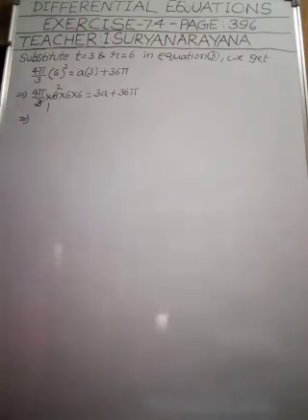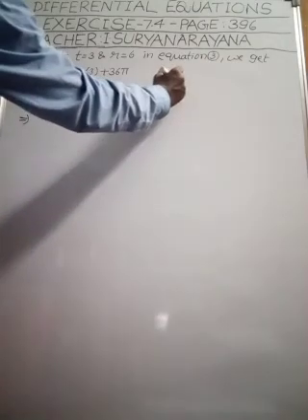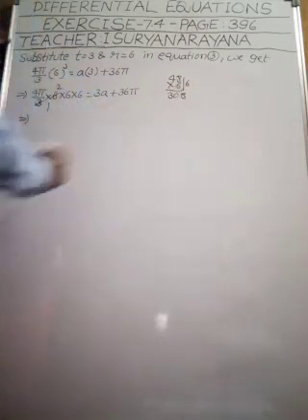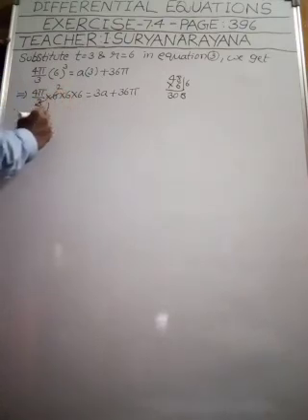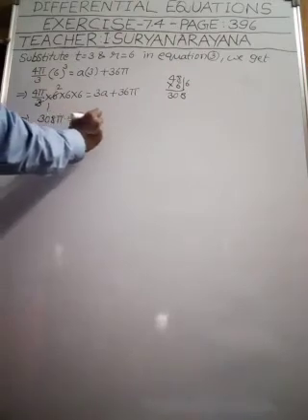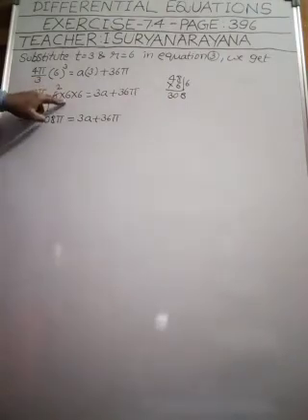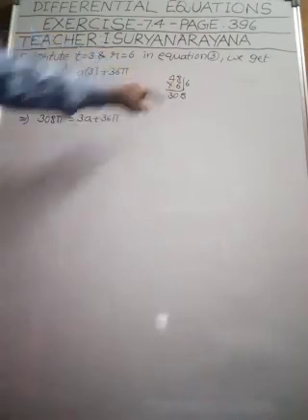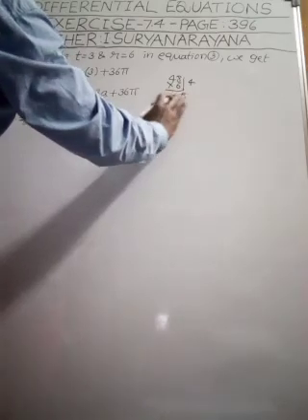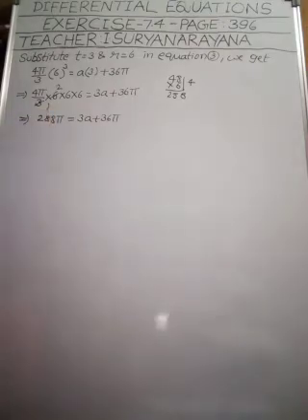Then what will you get here? 4 2s are 8, 8 6s are 48, 48 into 6 is 288π, is equal to 3a plus 36π. Understood this step?